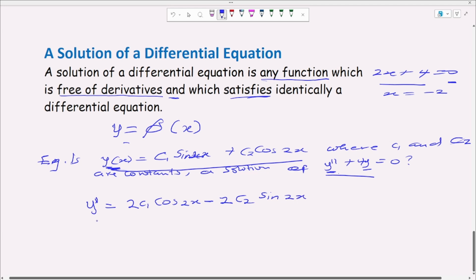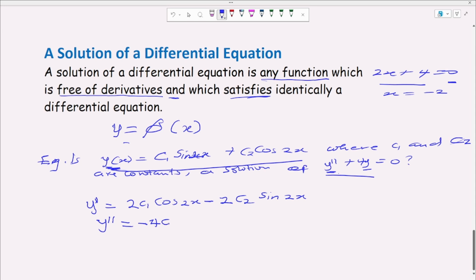Then we differentiate again, so y'' is equal to, same procedure, cos gives a negative sign, so we get -4c1 sin 2x - 4c2 cos 2x. So that is that for the derivatives.